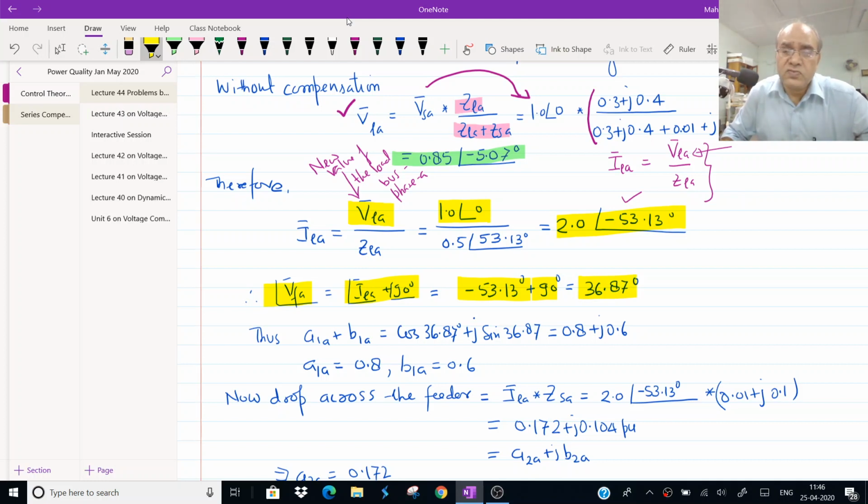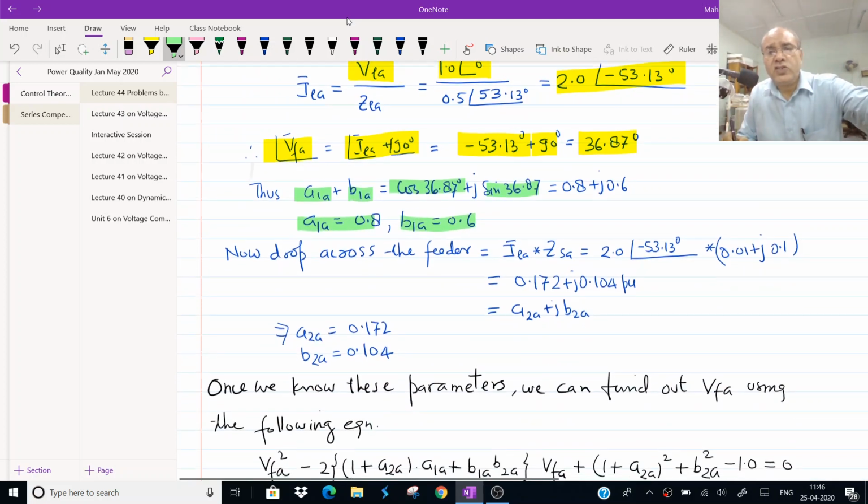This is the angle of DVR phase A voltage. And once we know this, then A1 becomes cosine of 36.87, and B1 becomes sine of 36.87. This implies A1 as 0.8 and B1 as 0.6.